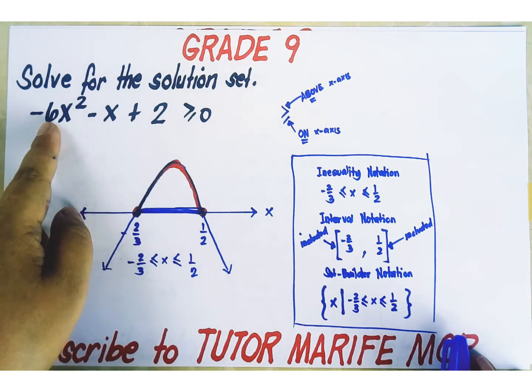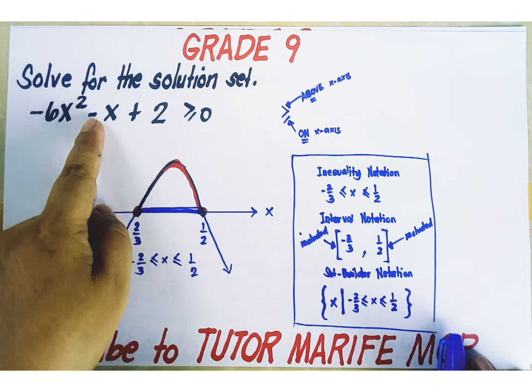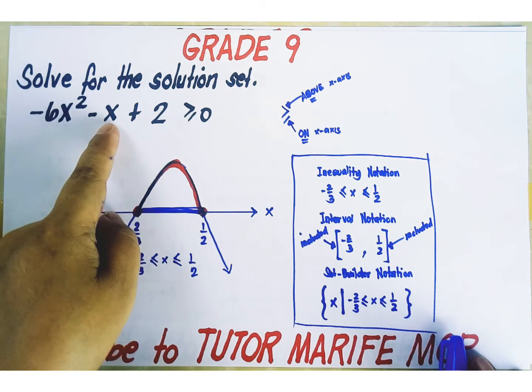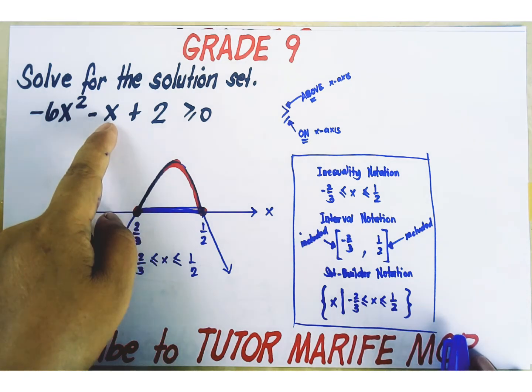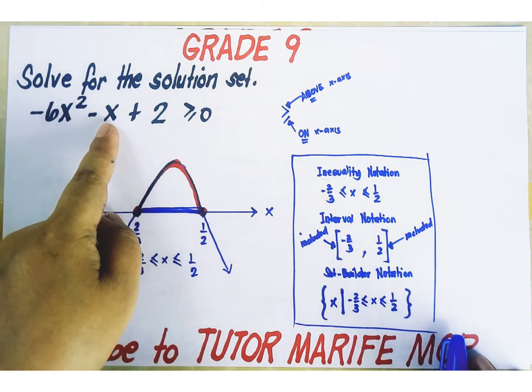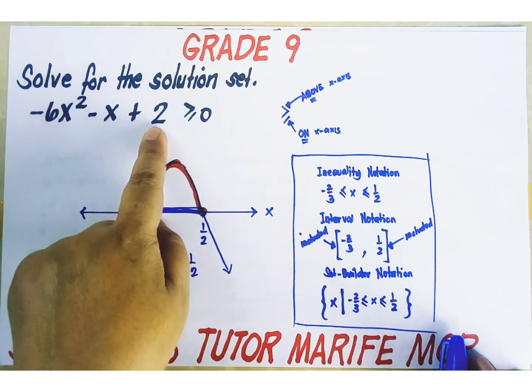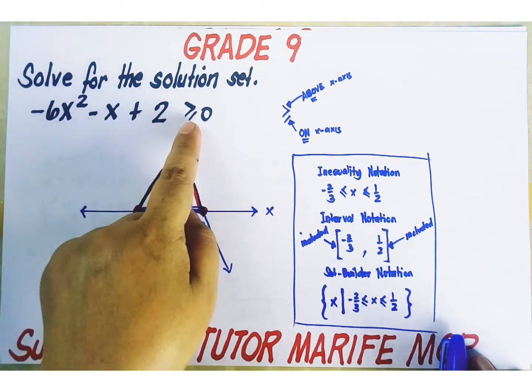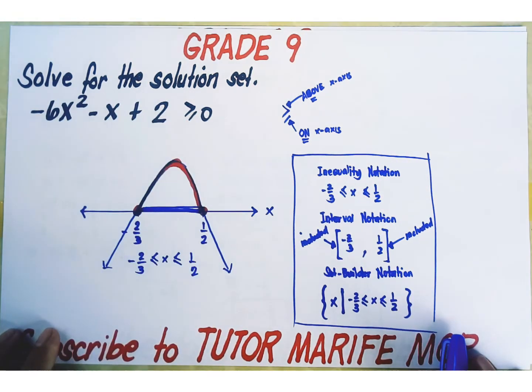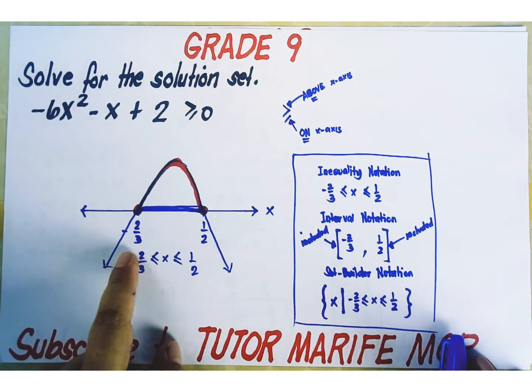So negative 8/3. And negative 8/3 minus negative 2/3 is equal to negative 8/3 plus 2/3. What's negative 8/3 plus 2/3? It's equal to negative 6/3 or negative 2. Negative 2 plus 2 is exactly equal to 0, and 0 is equal to 0. That's why negative 2/3 is included in the solution set.